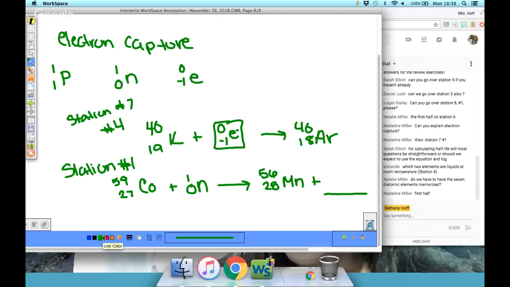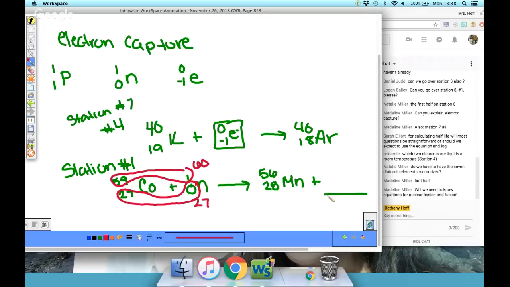So remember, your mass numbers and your atomic numbers end up remaining the same. What I mean by that is that whatever you have on this side needs to be what you have over here. So if we add this together, we see that our top half equals 60 and our bottom part is equal to 27. So whatever we have over here must equal the same thing.